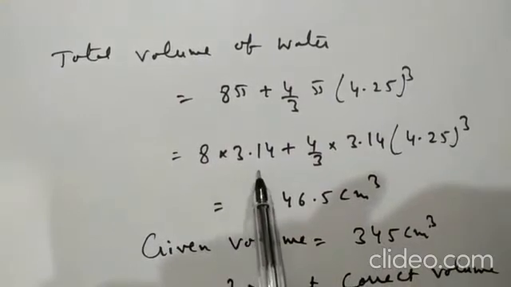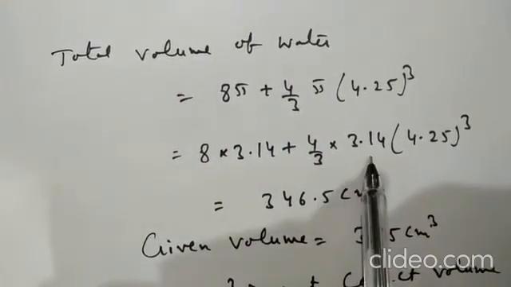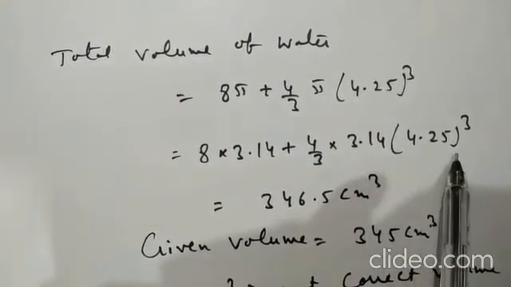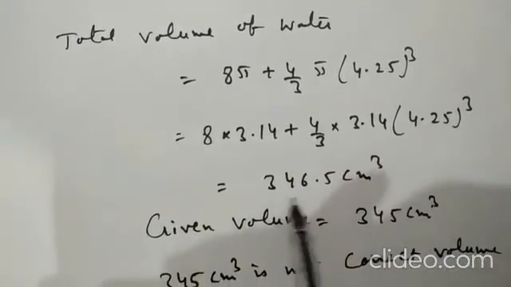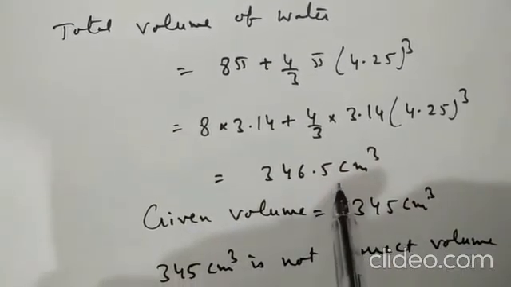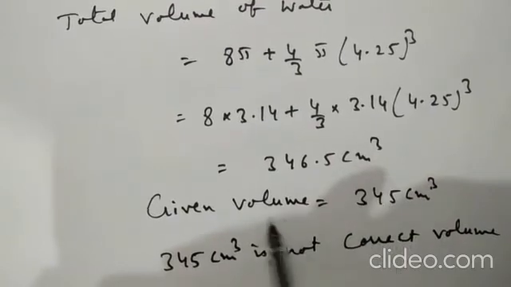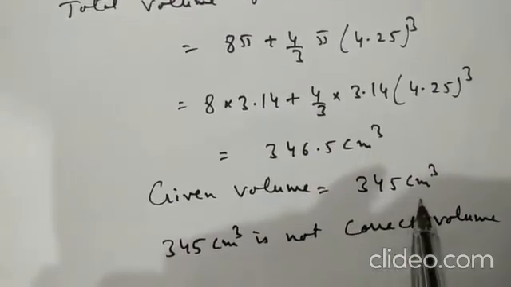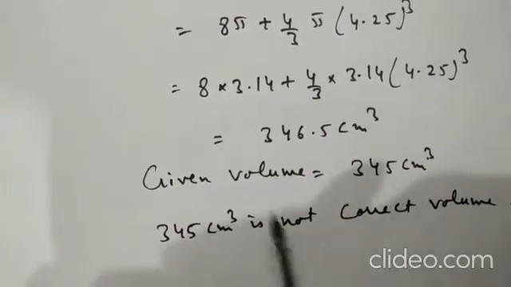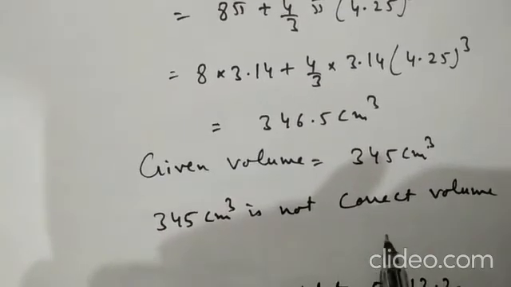So 8 into 3.14 plus 4 by 3 into 3.14 into 4.25 cube. After simplification it is 346.5 cubic centimeter, but the given volume is 345 cubic centimeter. So it means the child is not correct.